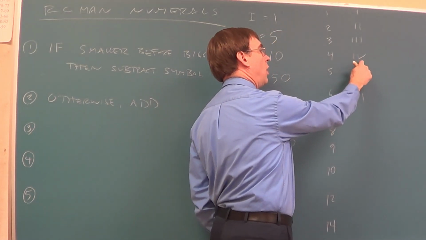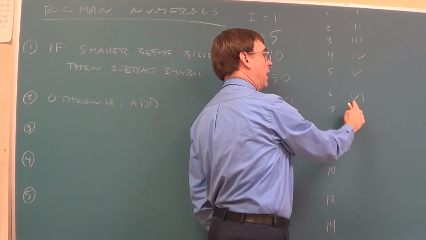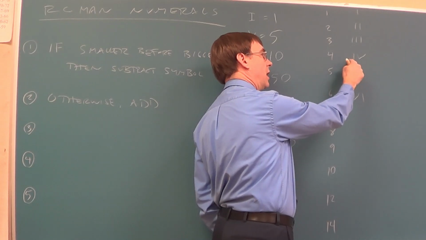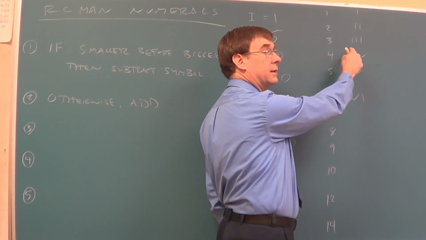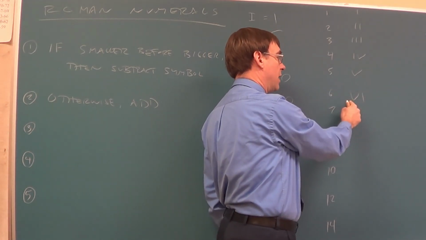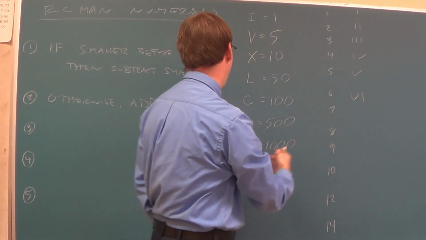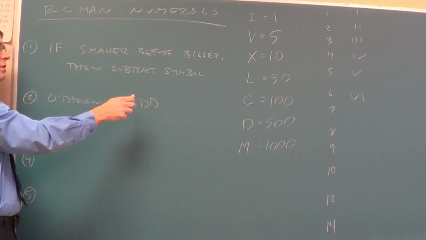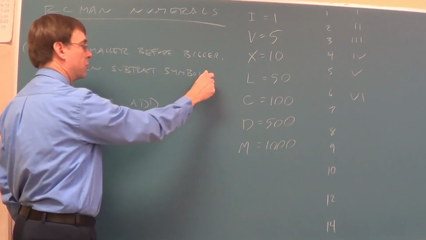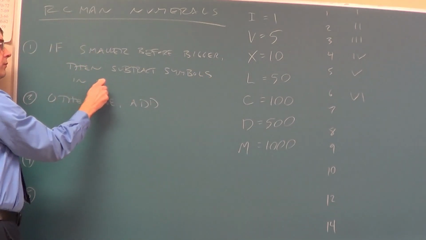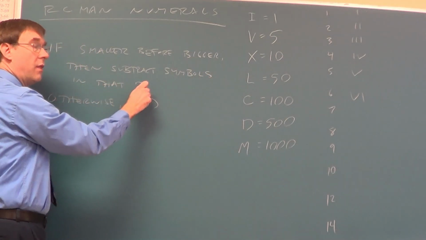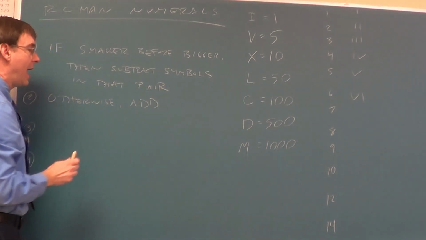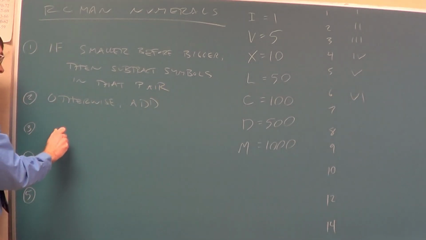So this has a 1 and a 5, and this has a 1 and a 5. But the rule is, if the littler one is first, we're going to subtract. If the bigger one is first, we're going to add. So if you ever have a smaller value before a bigger value, we're going to subtract those symbols in that pair.